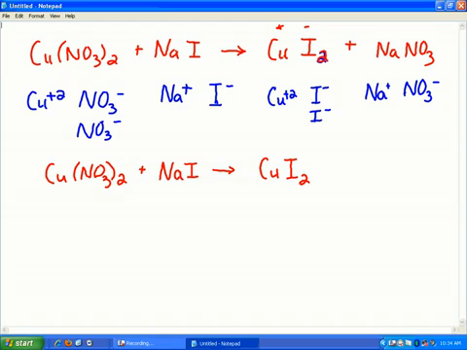It's actually copper 2 iodide. Plus sodium nitrate. So, first thing I'm going to do is separate the reactant side from the product side.